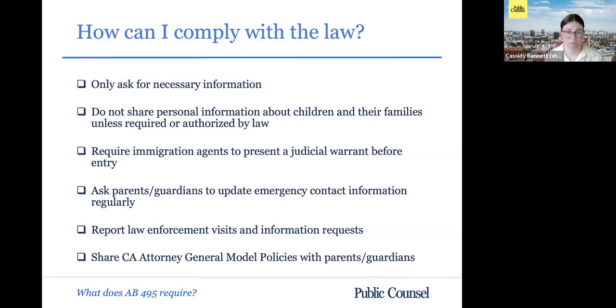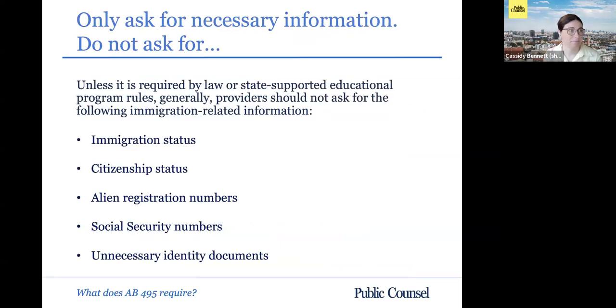Report any law enforcement visits or information requests. And share the California Attorney General model policies with the parents and guardians you work with. So this can hopefully be a little reference guide for you, but again, we'll go in depth on all of these. Next slide, please.